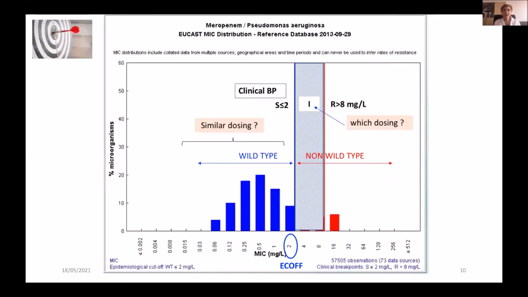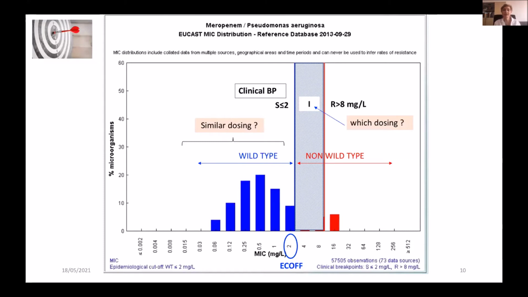If we look now, as an example, at the EUCAST MIC distributions for the couple meropenem and Pseudomonas aeruginosa, you can see on these MIC distributions, on one hand, the epidemiological cutoff separating wild type from non-wild type strains.